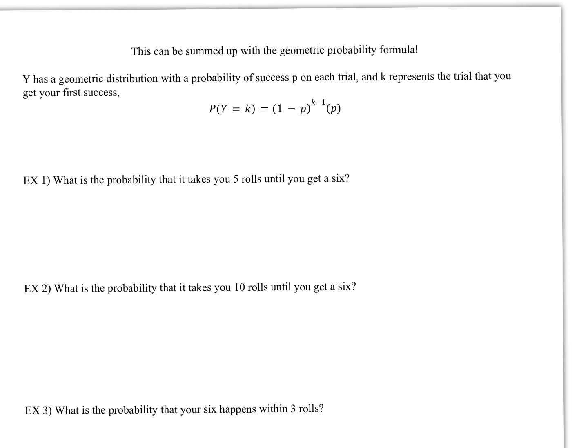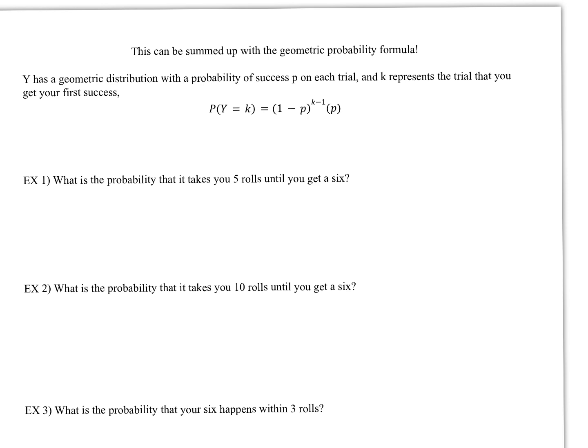So our formula, the probability y equals k, is 1 minus p to the k minus 1 times p. The reason why we have k minus 1 for that exponent is that the number of failures is all of the trials leading up to that trial that the success happens on.